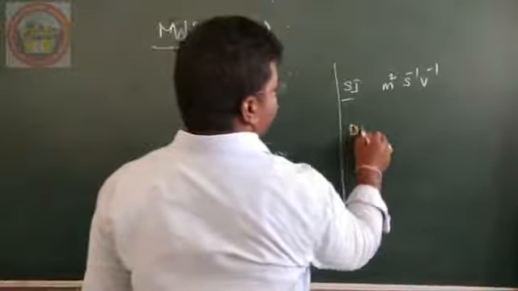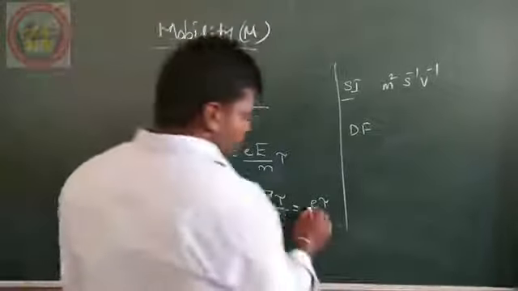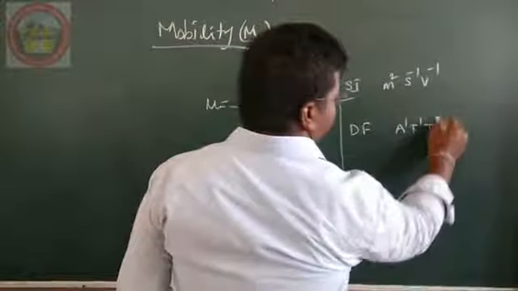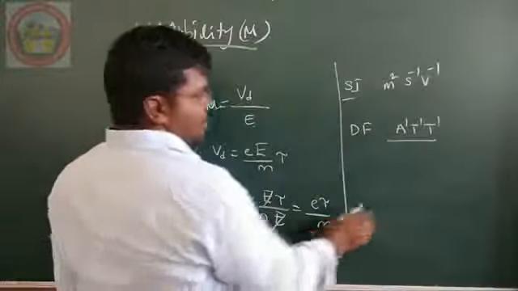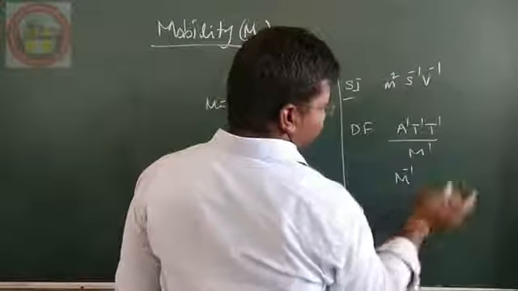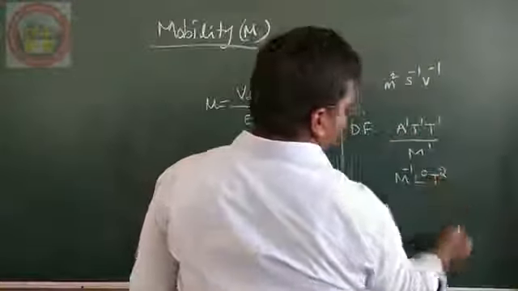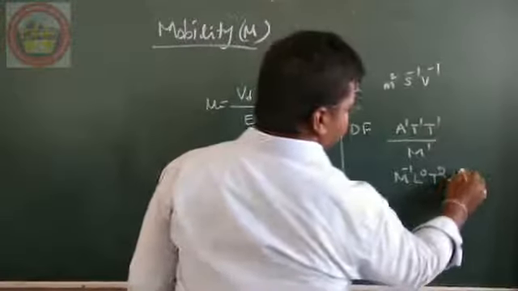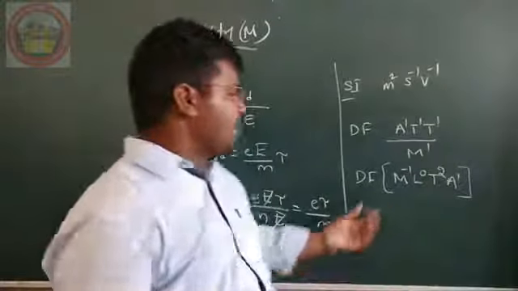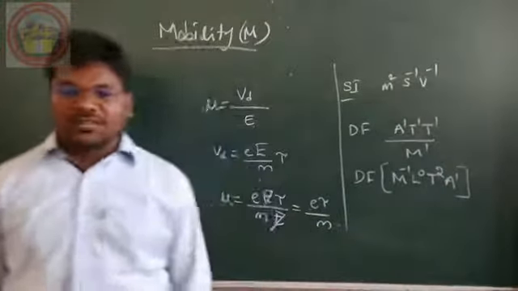Dimension formula. What is the charge? Charge of electron. Dimension formula of e is A power 1 T power 1. Then time T power 1 divided by mass M power 1. Rearranging, M power minus 1. There is no length, that's why L power 0, T power 1 times T power 1 gives T power 2, and finally A power 1 is there. The dimension formula: M power minus 1 L power 0 T power 2 A power 1.